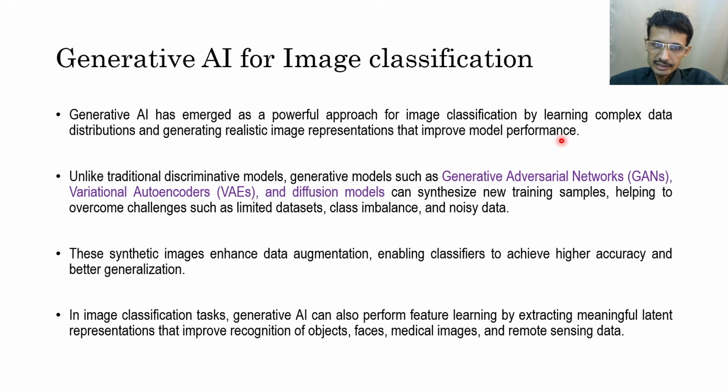So in image classification tasks, generative AI can also perform feature learning by extracting meaningful latent representations that improve recognition of objects, faces, medical imaging, and remote sensing data.